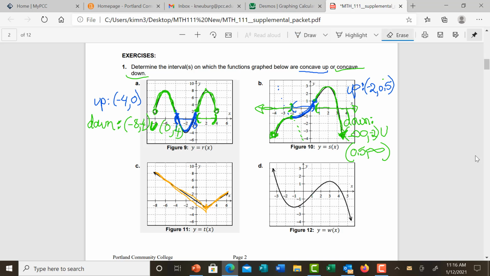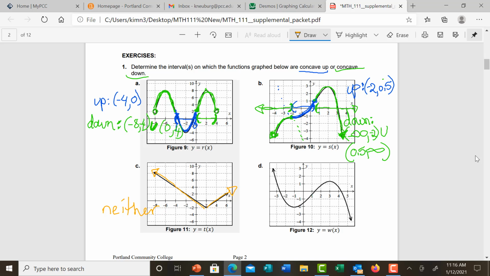When it's straight like that and you don't have any kind of curve like we had on the other ones, you're actually neither concave up or down. So this one would be neither concave up or down anywhere. We do have a decreasing section where it's going down here and an increasing section right here, but both of those are straight and they don't have the curve we had in the other ones. So this is neither concave up or down anywhere.